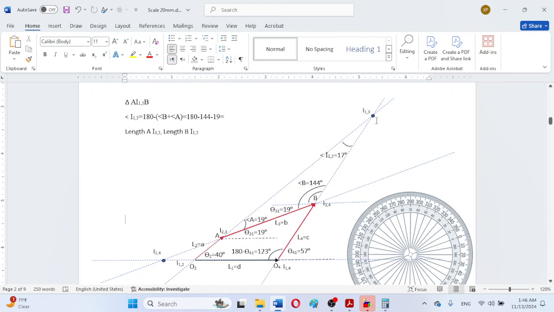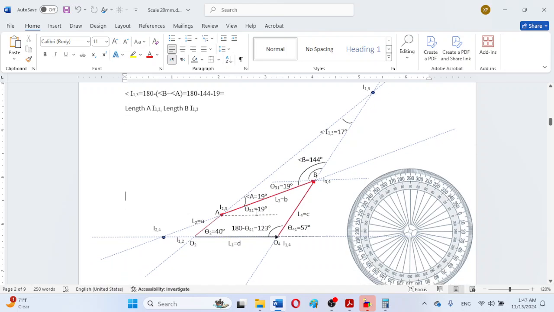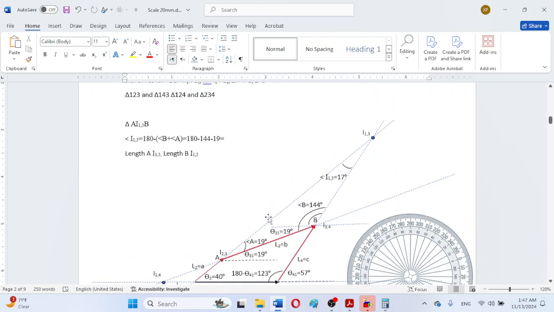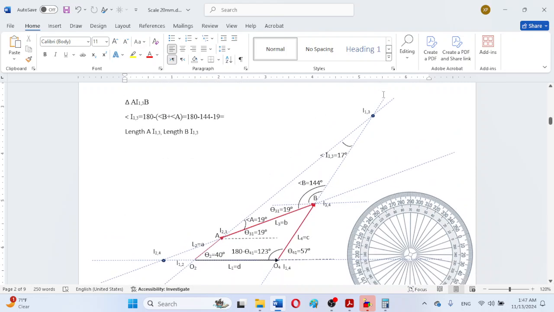So this is the technique. These are two straight lines that have been drawn on an extended body which has a fixed pivot located at I1,3, this instant center, and that disk is pivoted about this point, the instant center I1,3.